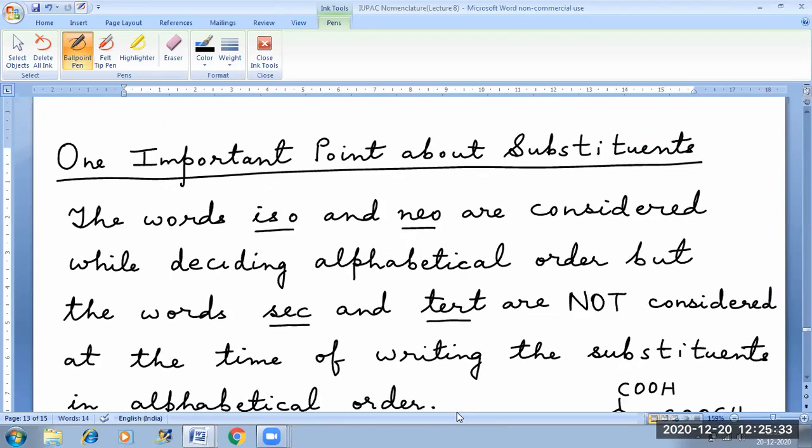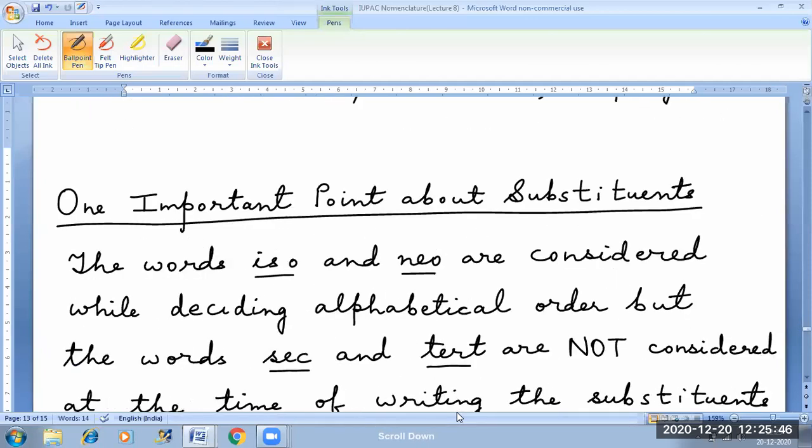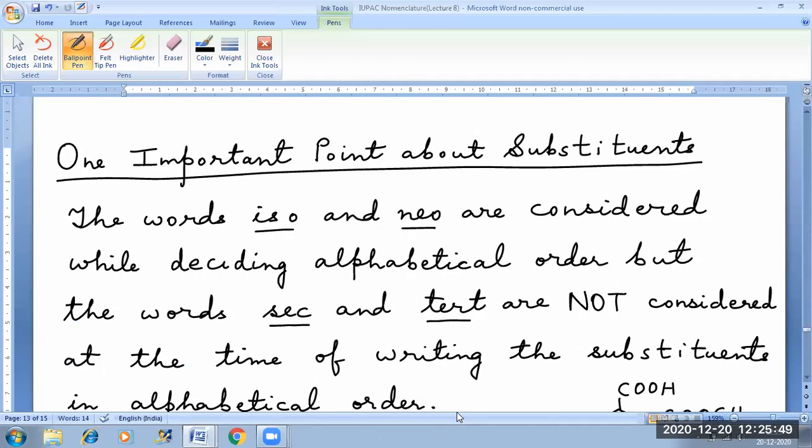Sir, okay, one important point about substituents. Keep in mind that the words iso and neo are considered while deciding alphabetical order.